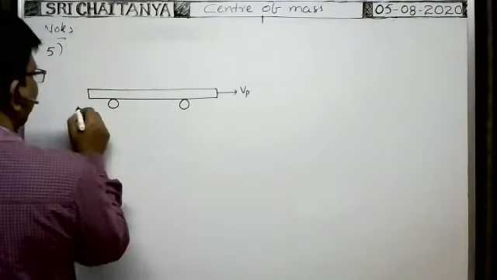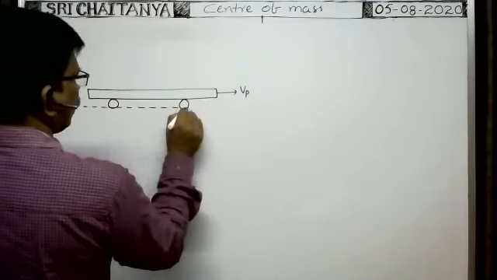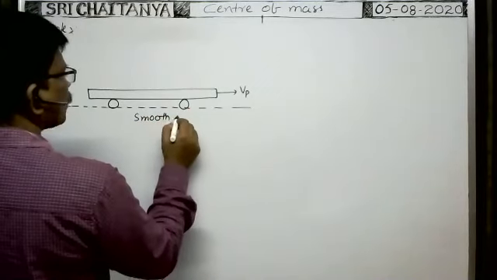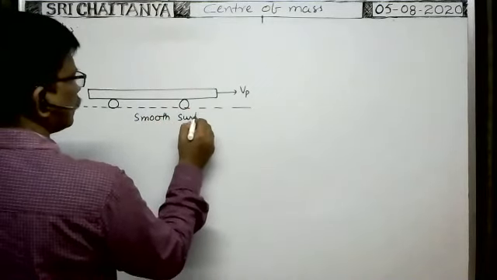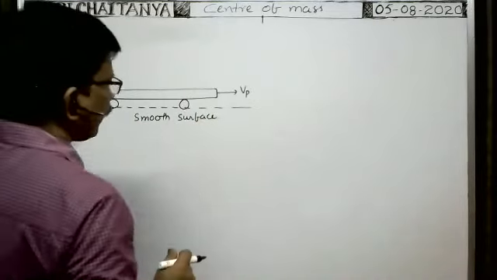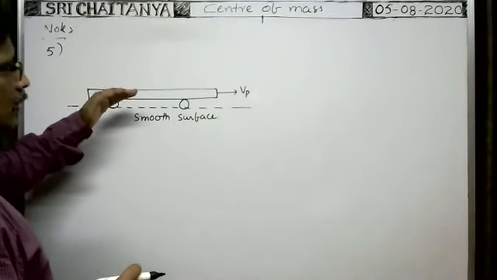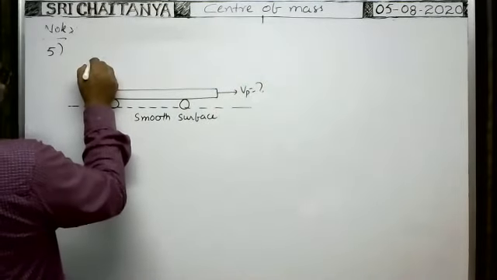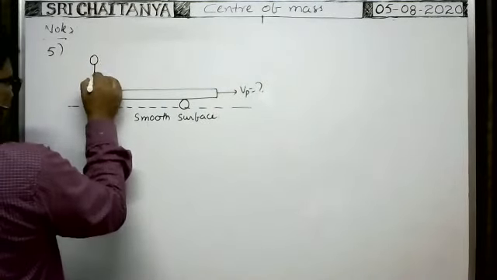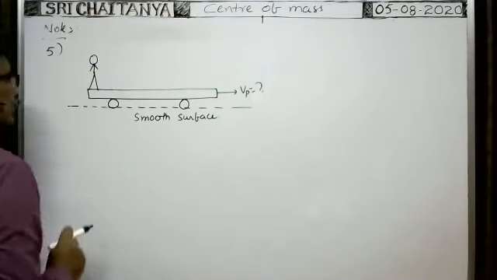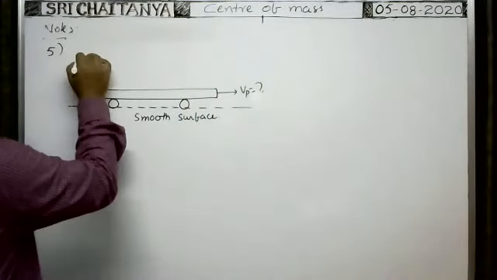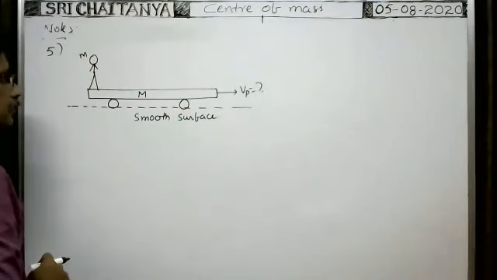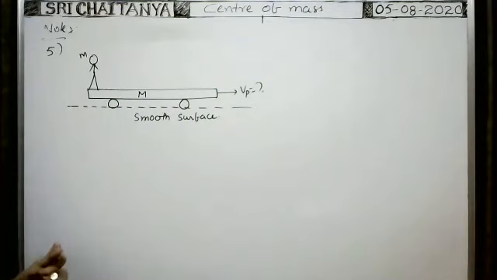Actually, it is at rest on the smooth horizontal surface. The platform is at rest on the smooth horizontal surface. One man having mass m stands on one end of the platform. Mass of the platform is capital M.